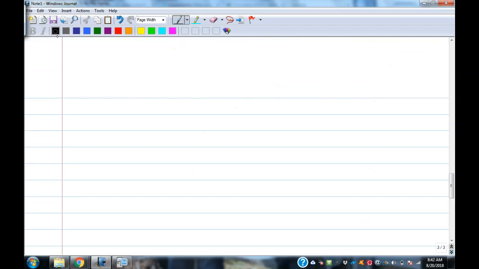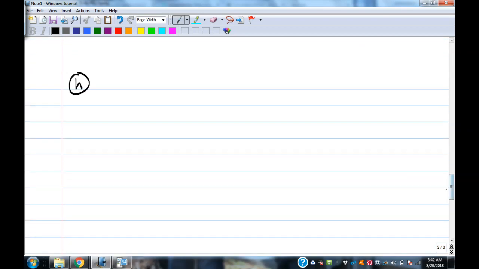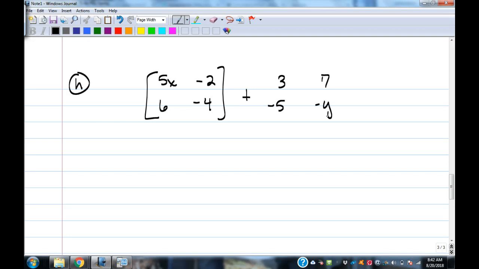They can make them a little bit more difficult by taking a matrix and dressing it up with some multiplication. Let's say we had this 5x, negative 2, 6, negative 4, 3, 7, negative 5, negative y. So a 2 by 2 and a 2 by 2. That's legal to add together.